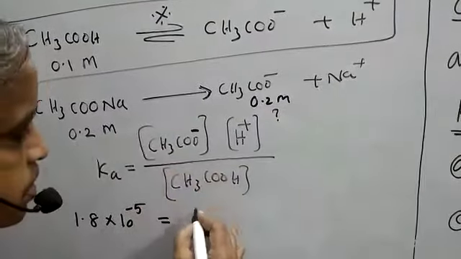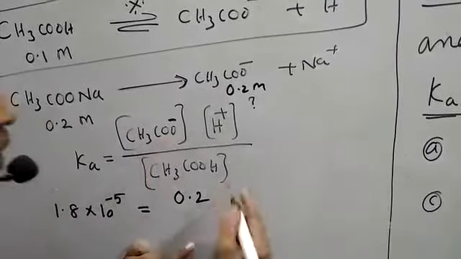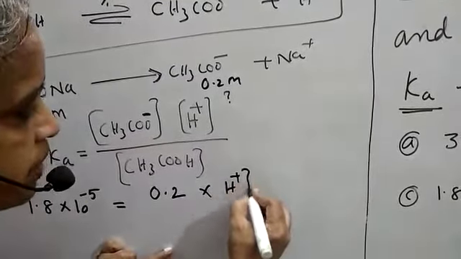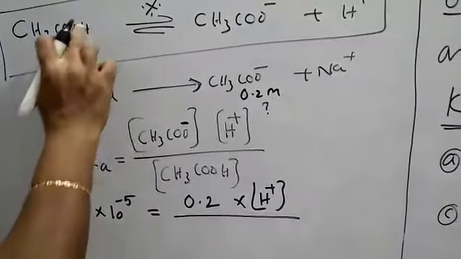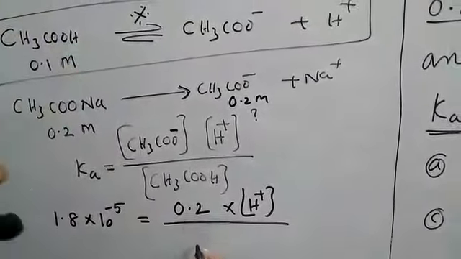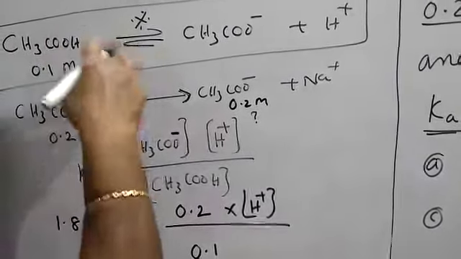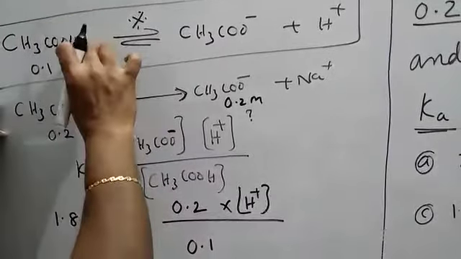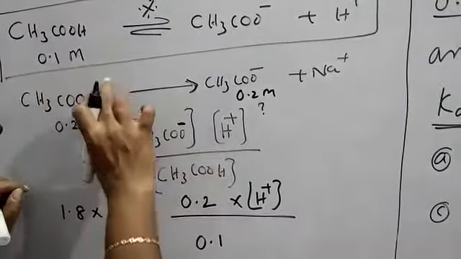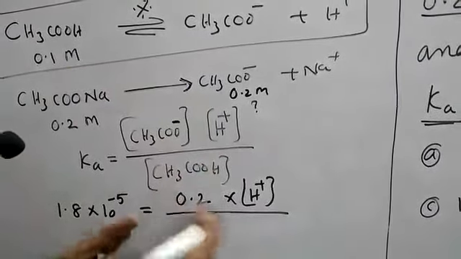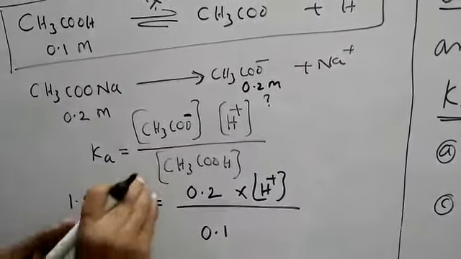That is the concentration of the salt, into the concentration of hydrogen ion to be calculated, divided by the acetic acid concentration. You take the acetic acid concentration as it is, because it is a weak electrolyte and weakly ionized. The salt is strongly ionized, so you take it as it is. In both cases you take the concentration as given in the data.